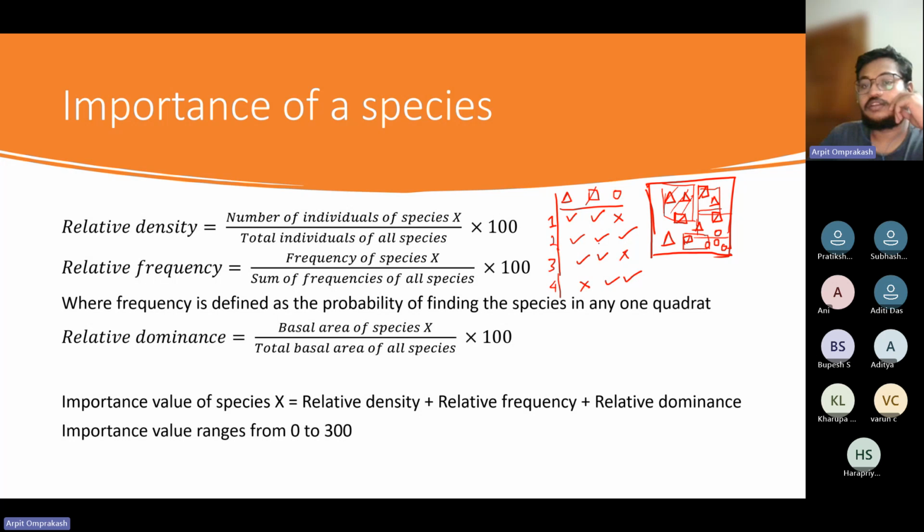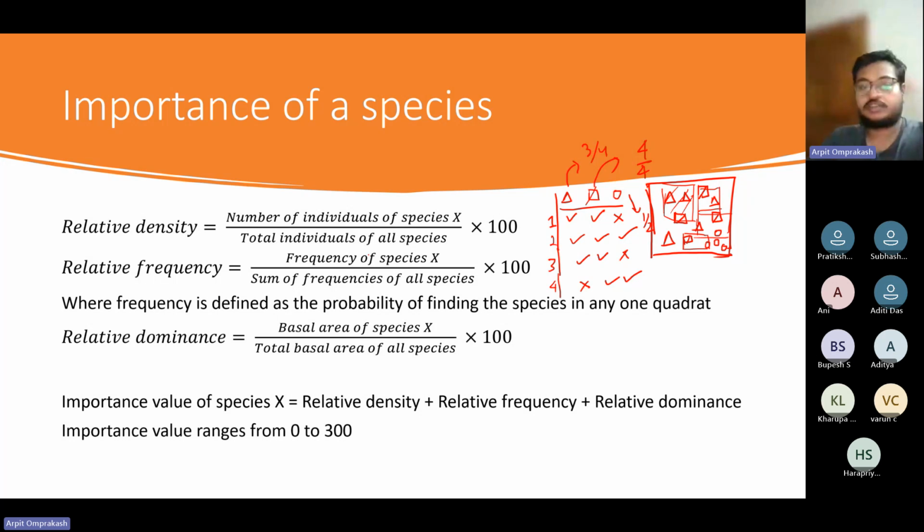So now the frequency of this species would be 4 by 4 because in all of the quadrants, we see the species. The frequency of this species would be 3 by 4 because out of all four quadrants, we see it in three quadrants. And for this species, similarly, it will be 1 by 2 or 2 by 4 because in half of the quadrants, we see the species. So this is basically the frequency of a given species.